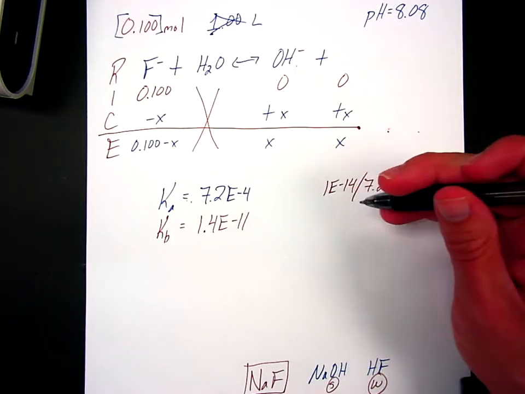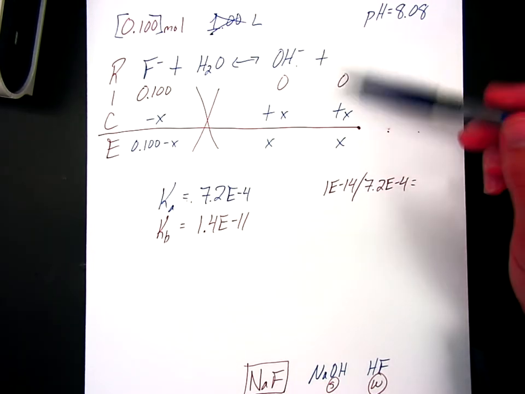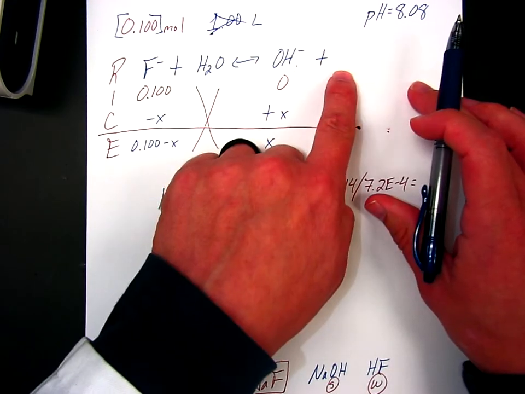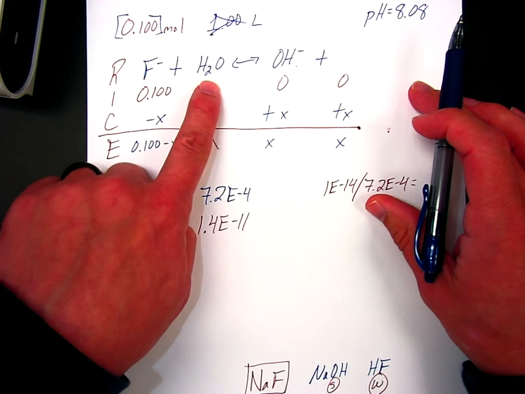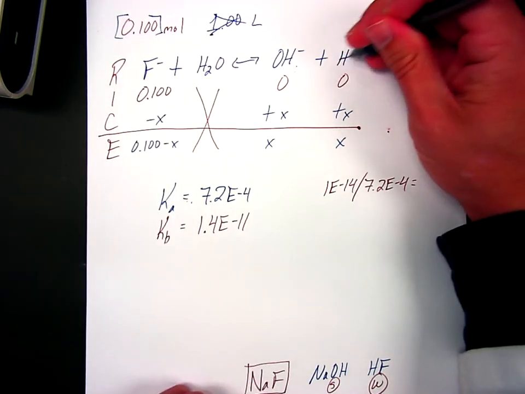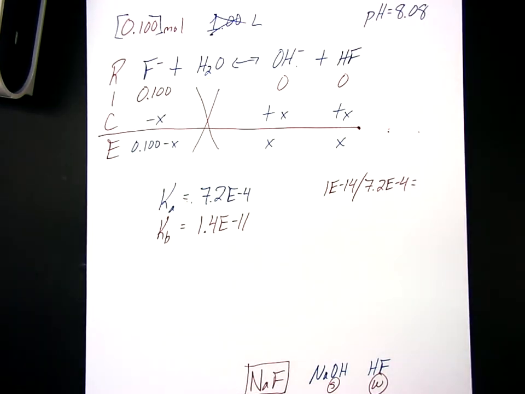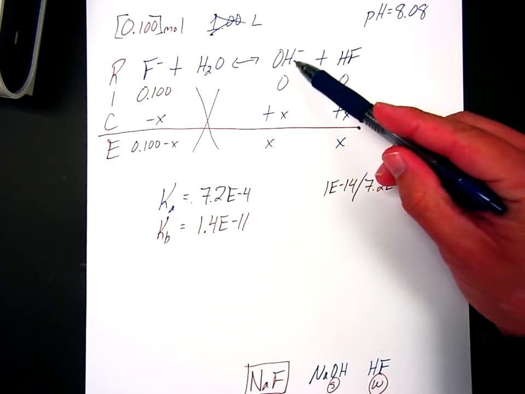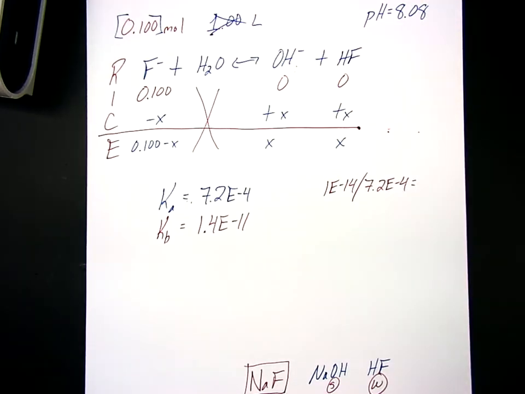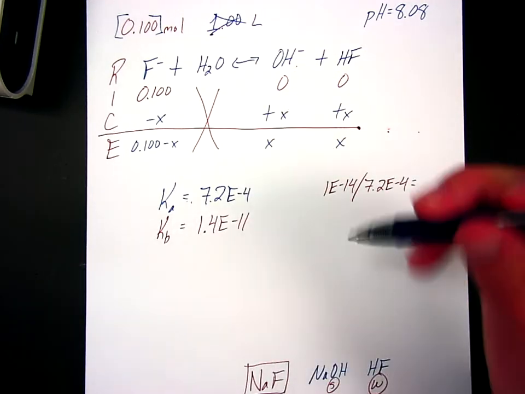It's going to be products over reactants. Oh, I'm sorry, I didn't fill my friend in up here. Of course, this H moved over here, so this is HF. Not that that affects too much because we're focused on the hydroxide values here. But it's going to be products over reactants.